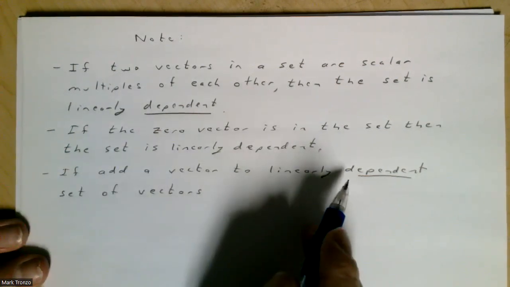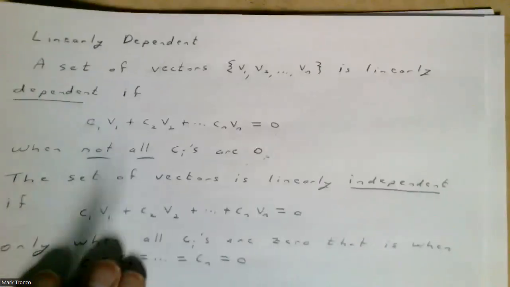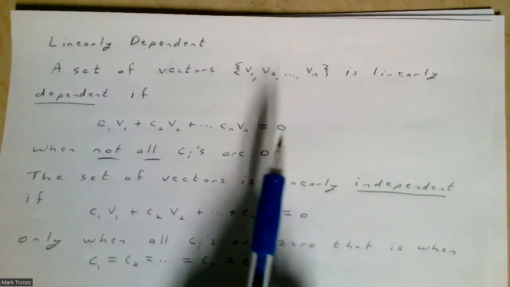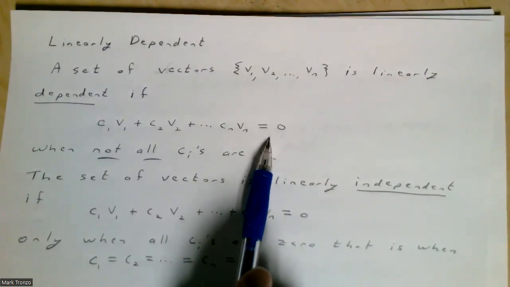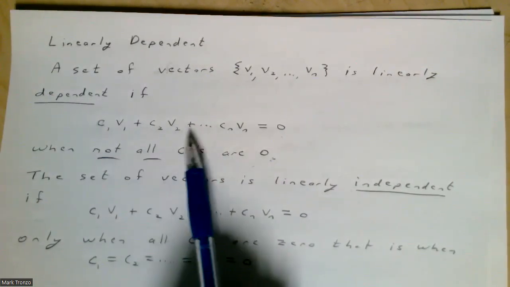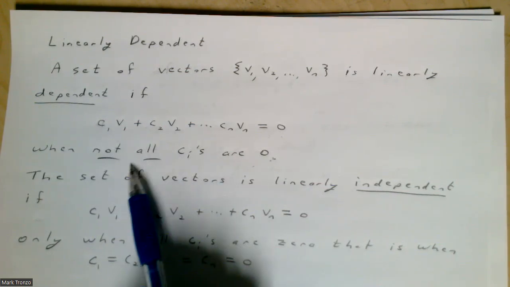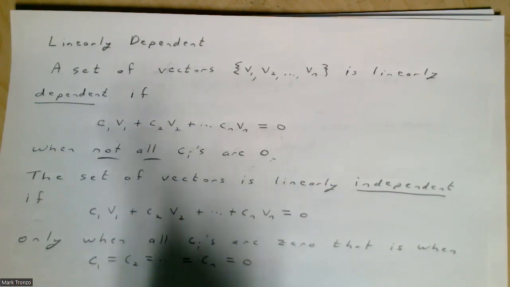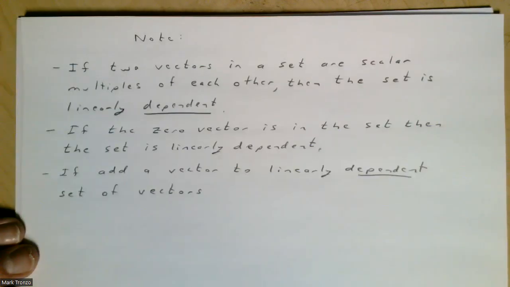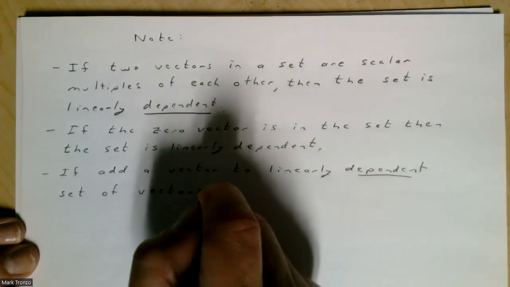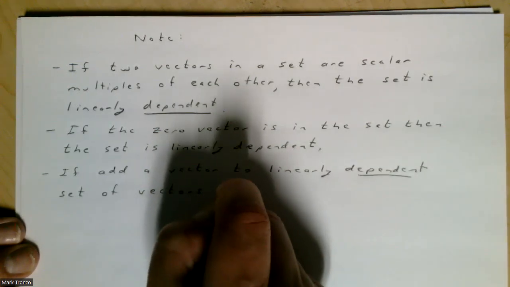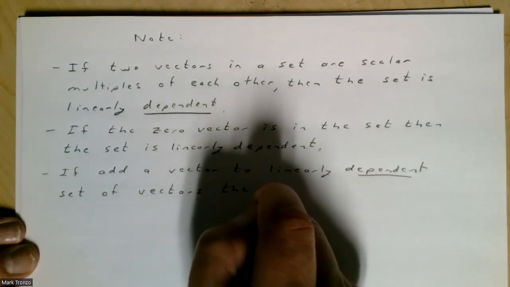It's certainly not going to make it better, because whichever vector you add, you can make that constant 0 and just make all the other constants whatever you used before to make the set 0. So if you add a vector to a linearly dependent set of vectors, the new set will still be linearly dependent.